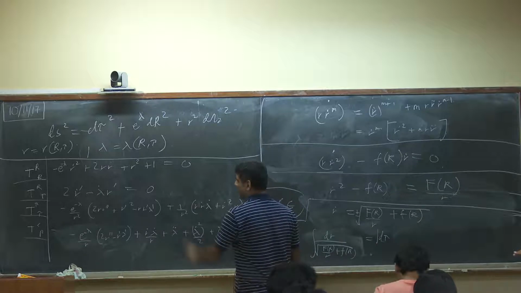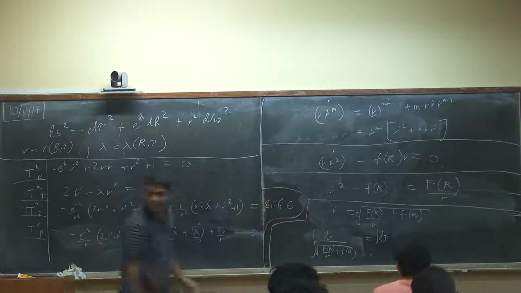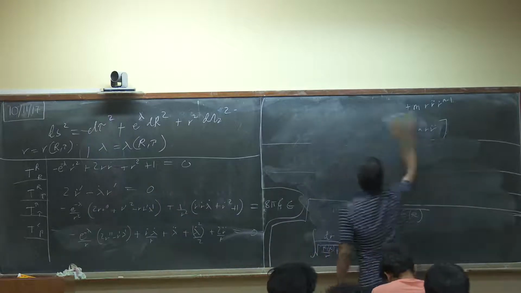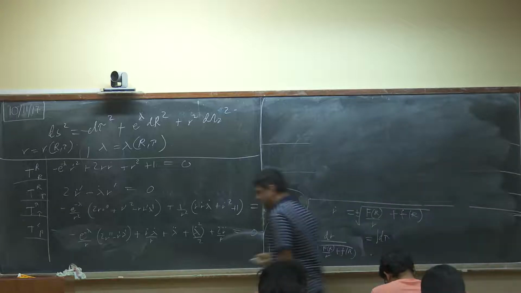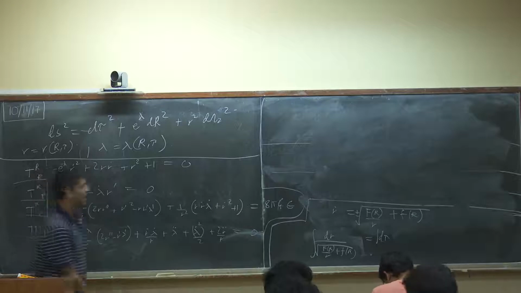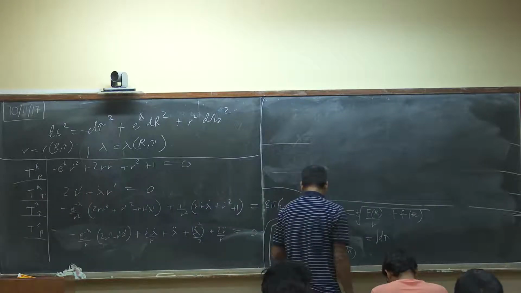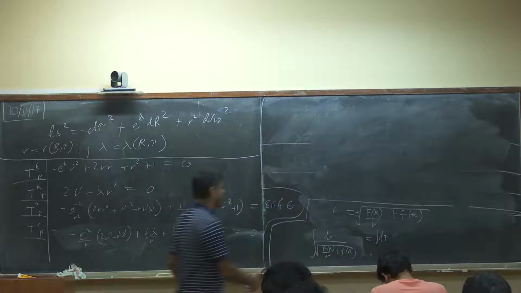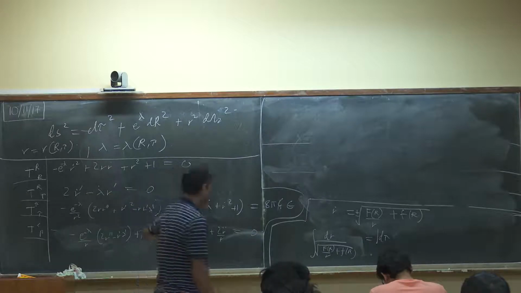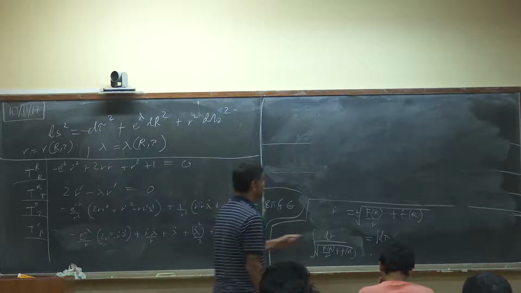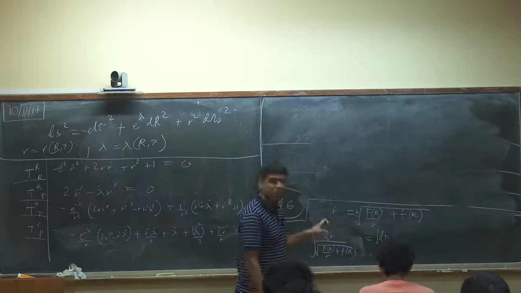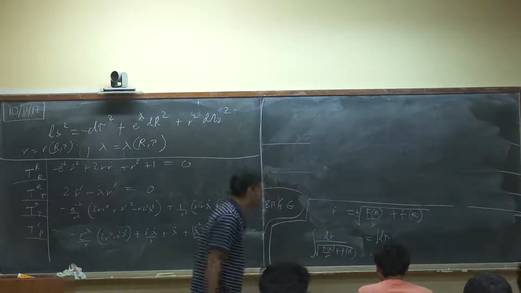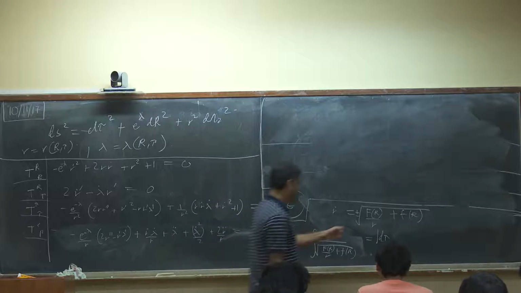I'll keep these equations on the board for a bit. I'm clearing this part. Just to show that we're going to solve it in general, I will later focus on one special case where the solution is very simple, but let me first do it in general.